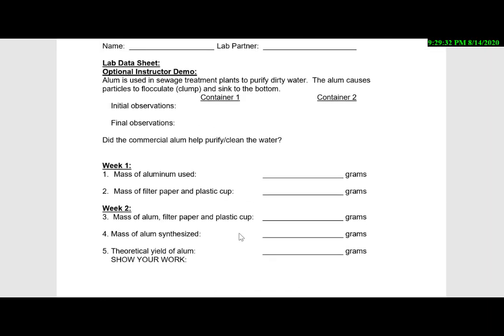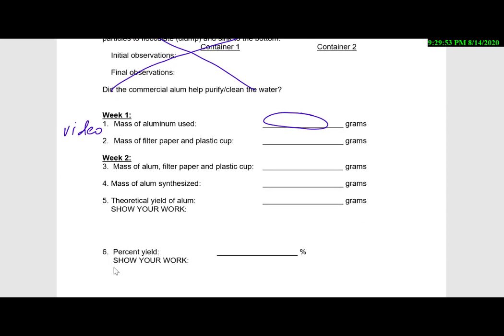When you get here, your notes will remind you of this, but you're going to skip this optional instructor demo. And the video will give you these data points. So you'll be given the amount of aluminum that was used. The calculations that you'll be doing here to find the theoretical yield of alum is you'll start with your grams of aluminum that we just talked about, the amount of aluminum used.